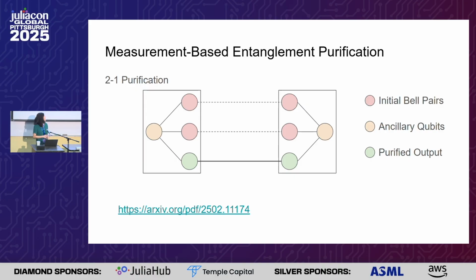That is, we have those two red low fidelity, long range entanglements to begin with, and we want to purify them into an entanglement with a higher fidelity, the green one over here. So instead of using quantum gates, here we're going to be using a technique called measurement-based quantum computing, or MBQC for short.